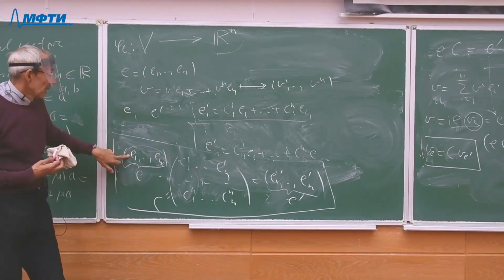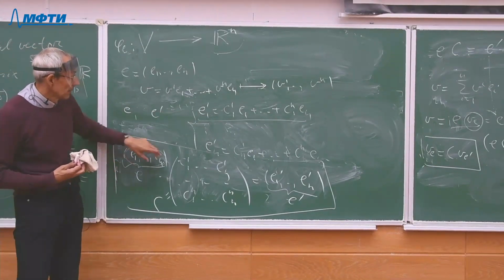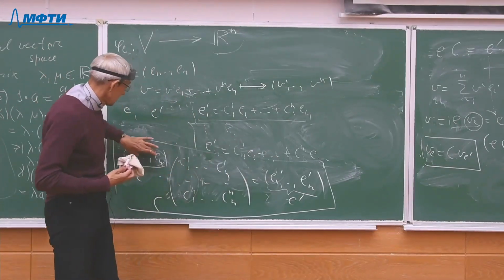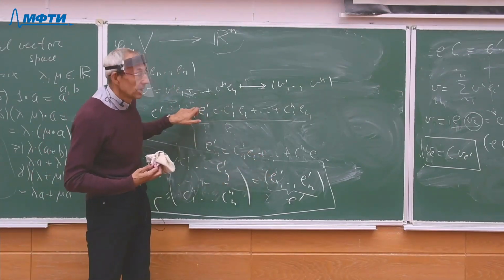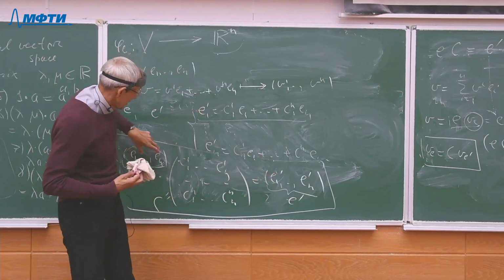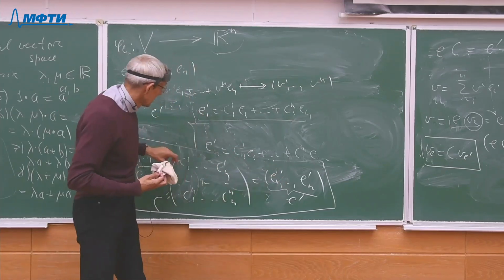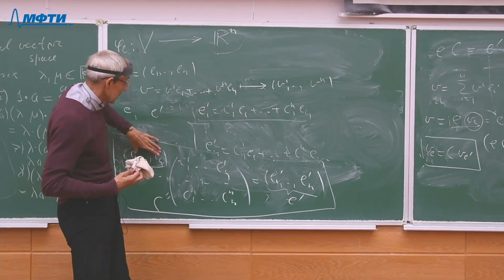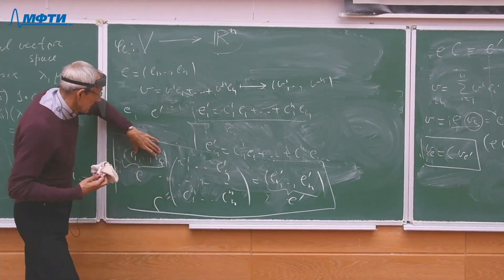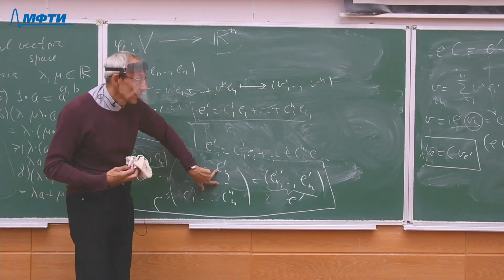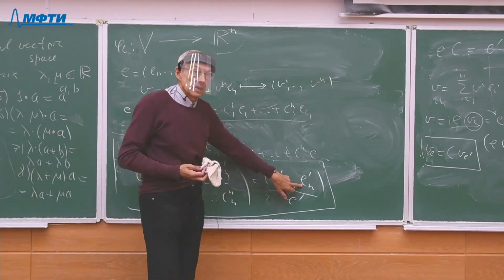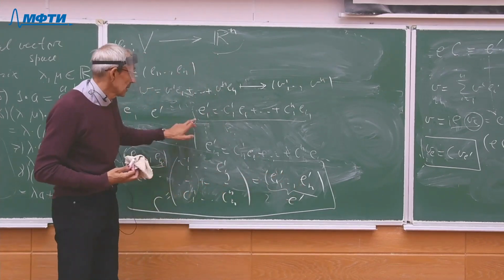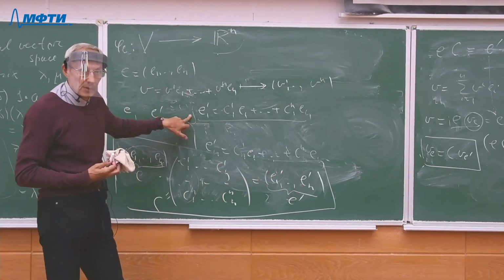If I multiply this row by the second column, I obtain this expression. The last multiplication, of this row by the last column, gives the last vector of the new basis. And this formula is exactly equivalent to this.